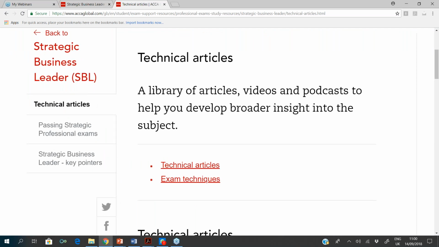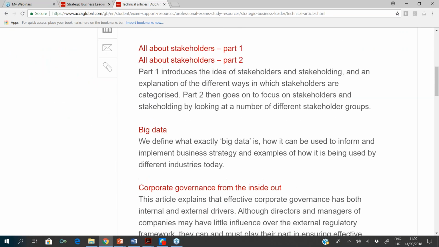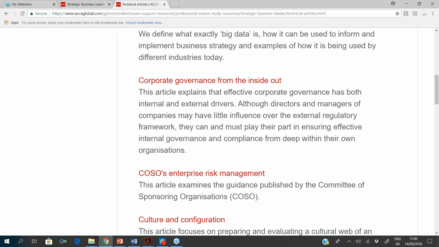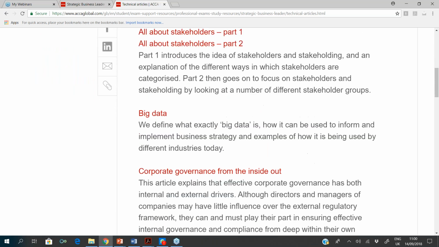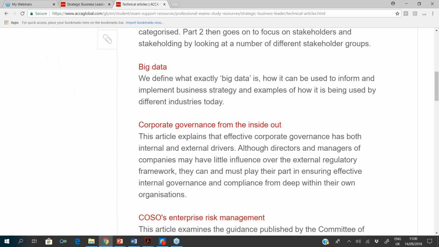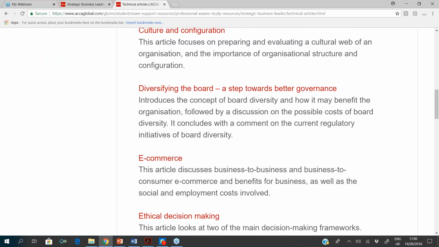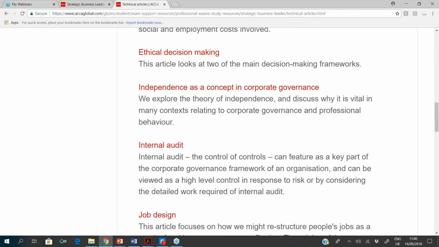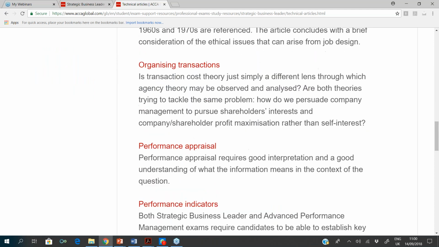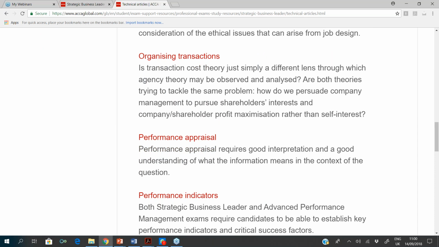Now, when you go to the technical articles of the Strategic Business Leader, you will go down and see many articles: number 1, 2, 3, 4, 5, 6, 7, 8, 9, 10. You will see an article here, Organizing Transactions.